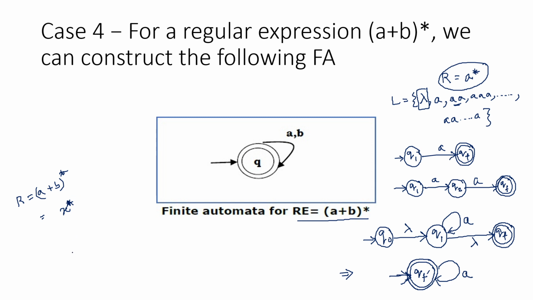If it is X star, it means that obviously you will have some state, say Q1, which is the final state also, and because of this X star I will have a self loop for X. But what is X? This X represents A plus B. That means A plus B means A or B. So this X can be A or X can be B also.